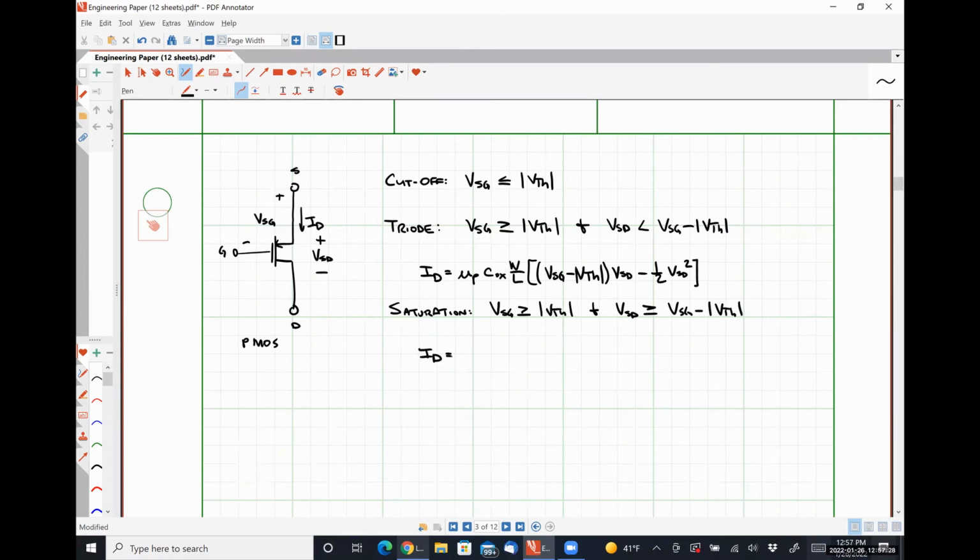And our drain current is 1/2 mu P Cox W over L times VSG minus the absolute value of VTH quantity squared. And when channel length modulation effects are present, we'll have 1 plus lambda VSD.